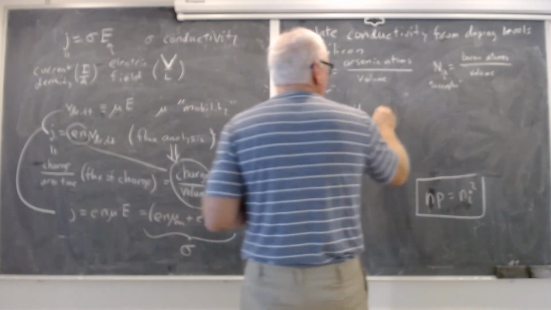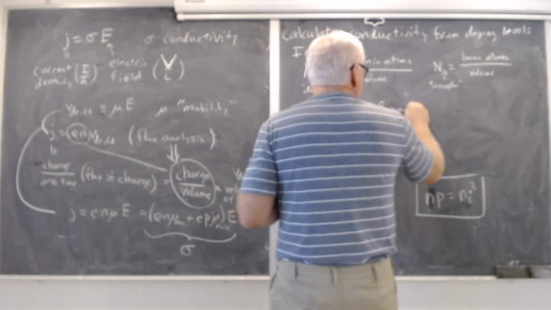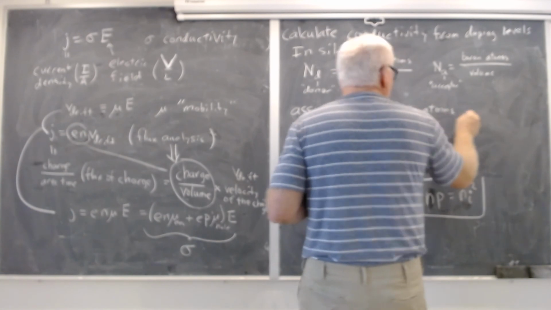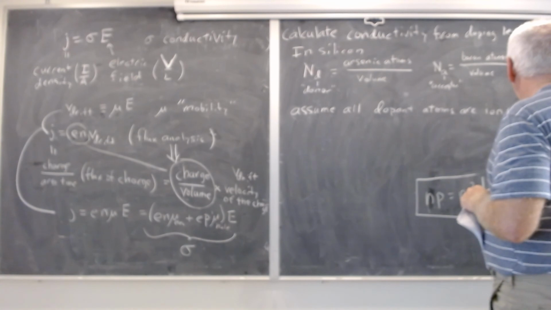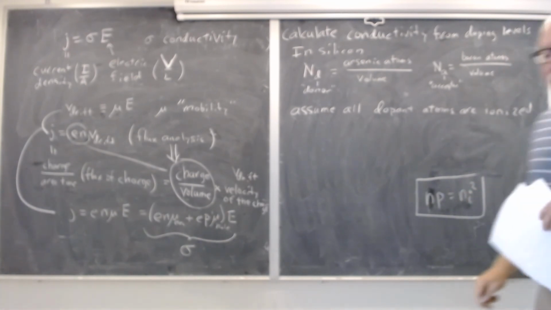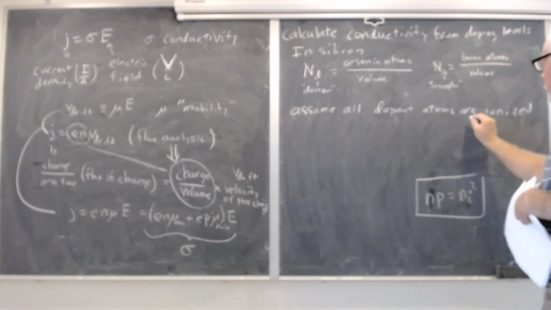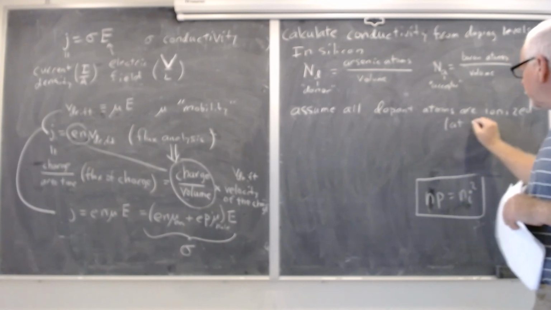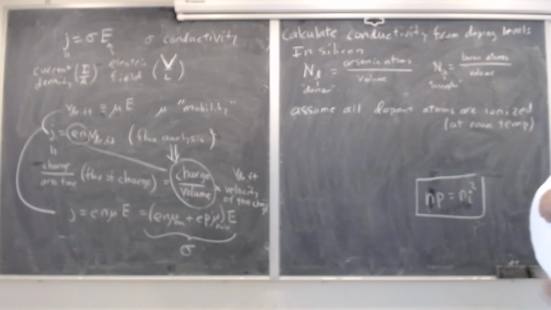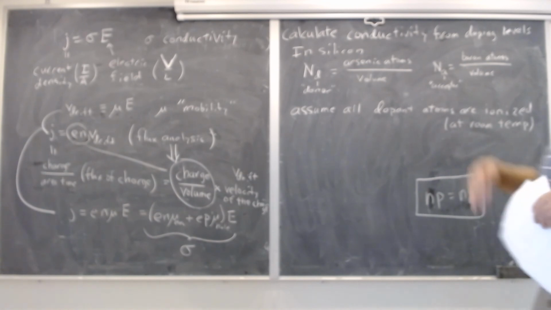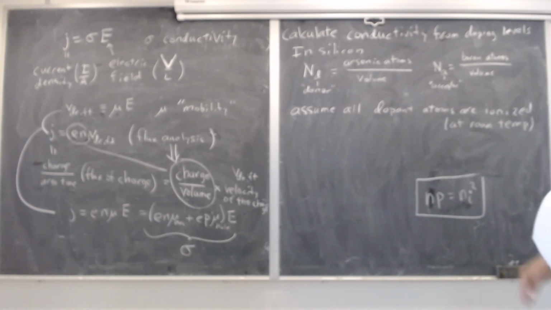all dopant atoms are ionized. That is, we're at room temperature, for example, or you get the idea that in any semiconductor we're going to analyze, there's enough thermal energy to rip off those extra or missing electrons.